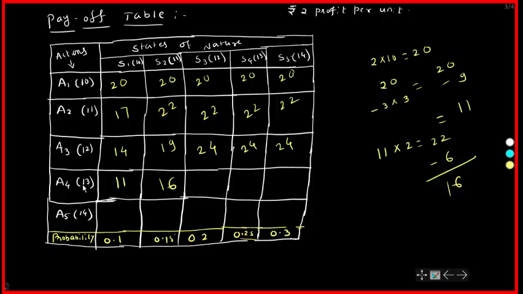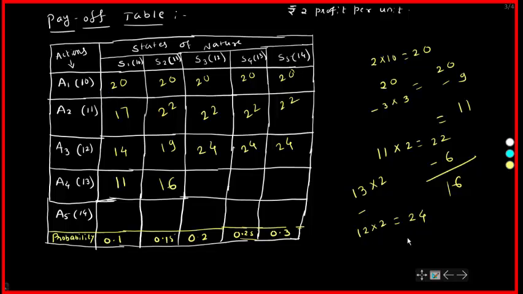He purchased 13 newspapers and demand is 13. For each paper he has 2 rupees profit, so 13 into 2 is the total profit, that is rupees 26. He purchased 13 newspapers, demand is 12, so he sold 12 into 2, which is 24 profit.